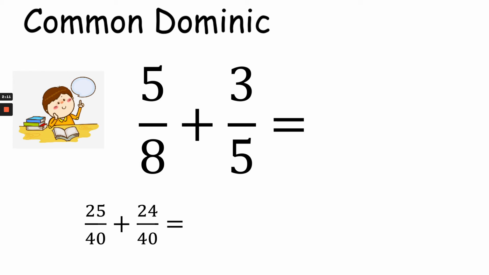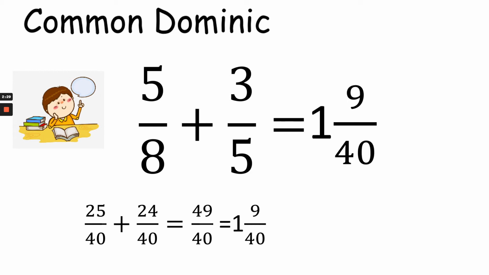Now I'm adding 25 40ths and 24 40ths, which is nice and easy to add together to give me 49 40ths. Well done if you spotted that 49 40ths is very improper. So I'm going to convert this into a mixed number. 1 and 9 40ths is your answer.